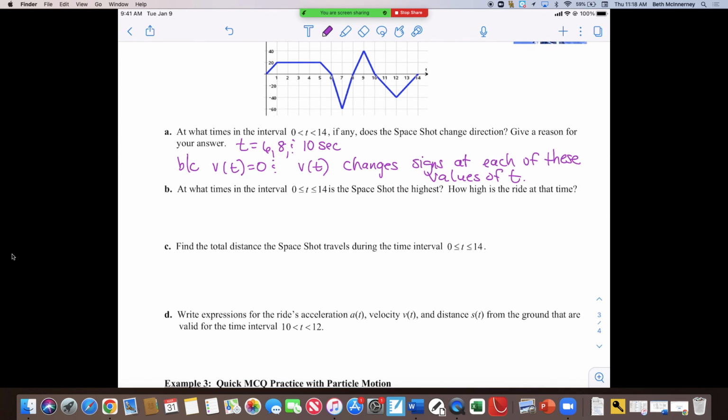So what you're going to want to do is you need to know where v of t is 0, which we just did, 6, 8, and 10. And so our candidates, because this is a closed interval, are 6, 8, 10, and 14.